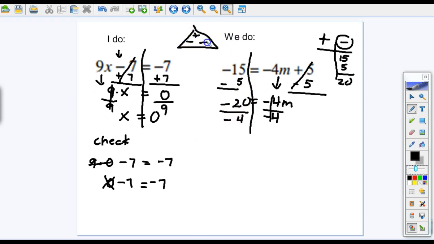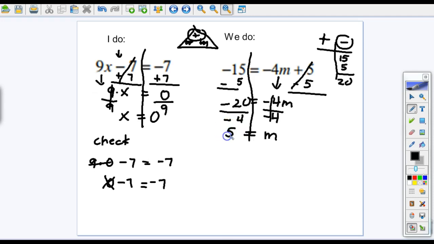Positive, negative, negative. If I'm dividing by two negatives, here's one negative, here's two negatives, what am I left with? A positive. So this tells me that this division problem is going to give me a positive answer. So I'm going to bring down my n on this side. 20 divided by 4 is going to be what?